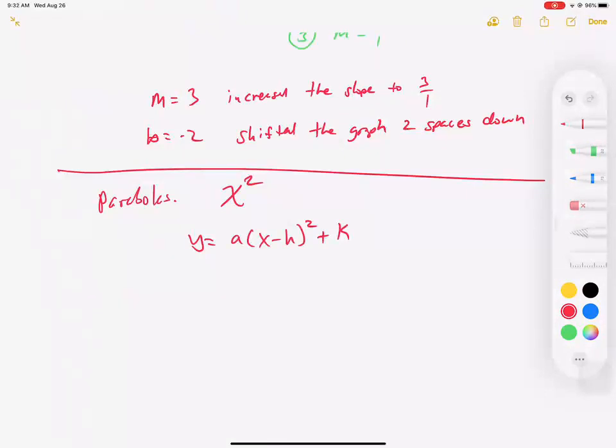It looks like it's a lot of stuff. But h, we said, was our left and right shift. And we're going to add a name to that. This is going to be our horizontal shift. And this will be a lot more obvious with parabolas compared to lines. Our k, we said already, we called it our vertical shift.